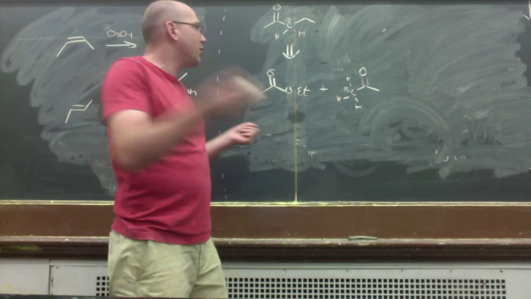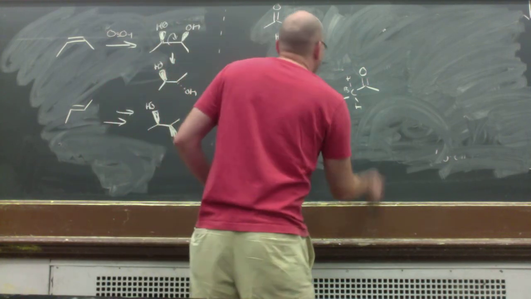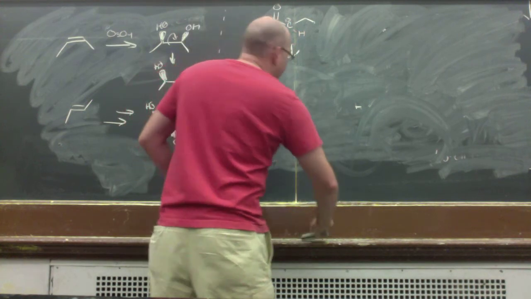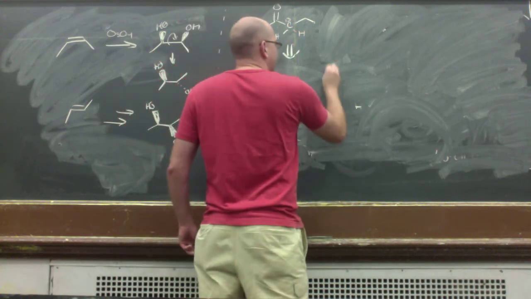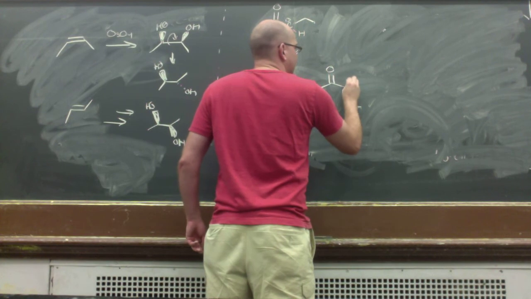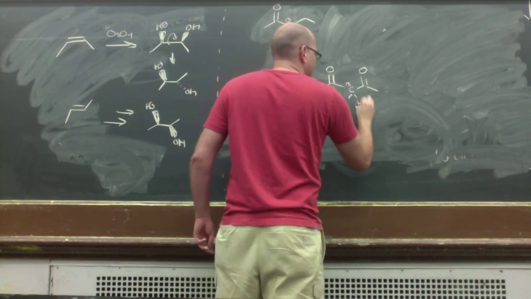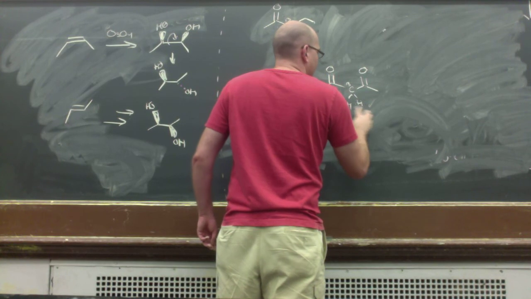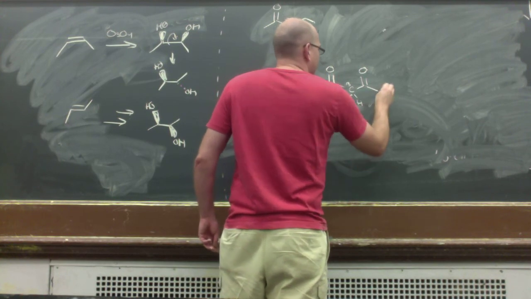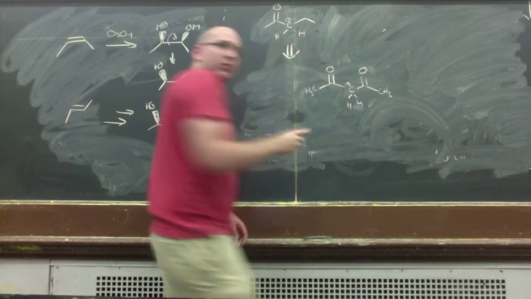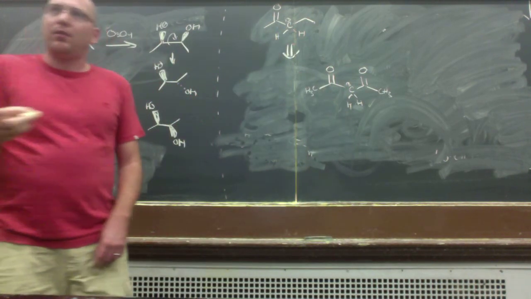Now, I think what Margot might be saying is if you did that, then the intermediate that you would have, and maybe this is what you're sort of talking about?